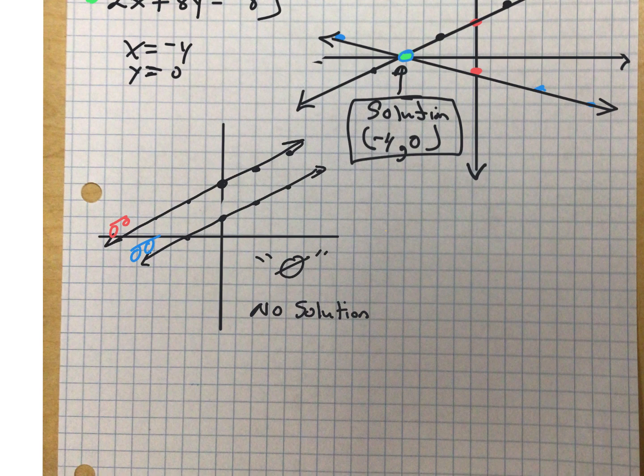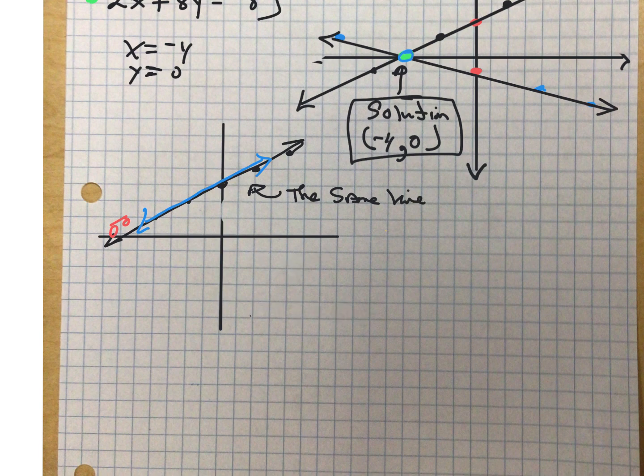And then sometimes you end up getting the same line twice. So sometimes you graph a line, and then you end up graphing another line, and they land on top of each other. And if you end up with two lines that are the same line, then they're going to intersect everywhere. So any point that is on the lines is going to intersect and hit both lines.